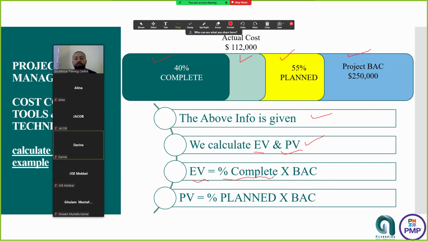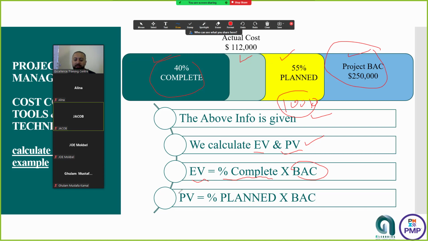The EV will equal the percent that we have completed multiplied by the BAC. The BAC is given. The percent that we have completed is given. So we have an EV of 100K. The PV, which is the planned percent, multiplied by the BAC, which is already given. So if you just understand the question, you will have 90% solved.